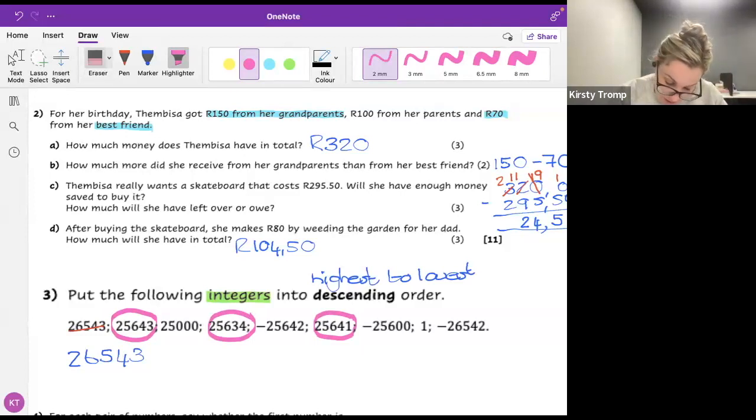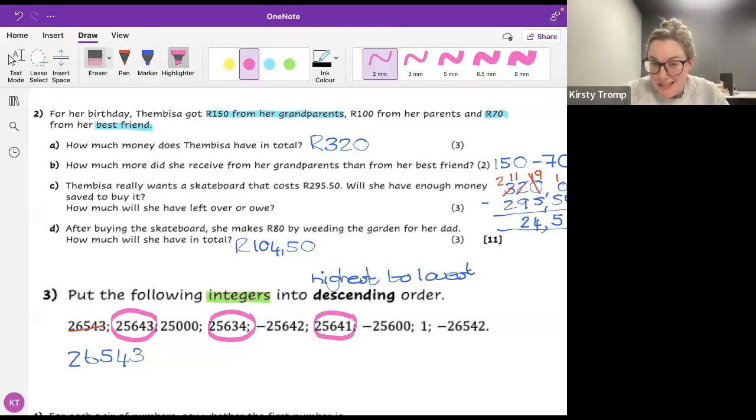So when I'm comparing those, I've got 25,000, 25,000, 25,000. That's not going to help me. I've got 600, 600, and 600. That's not going to help me. What's going to help me is looking at those last 2 digits. I've got 43, 34, and then 41.